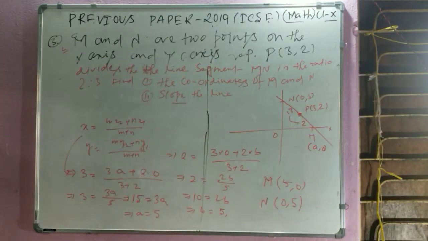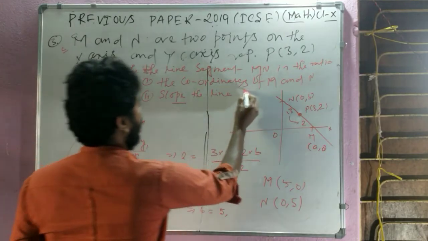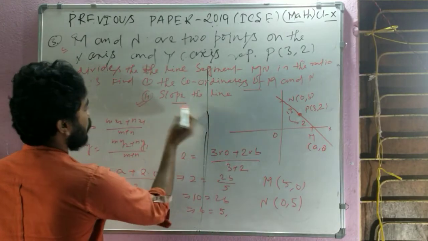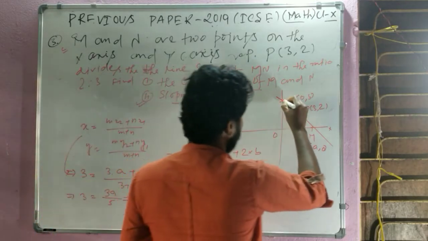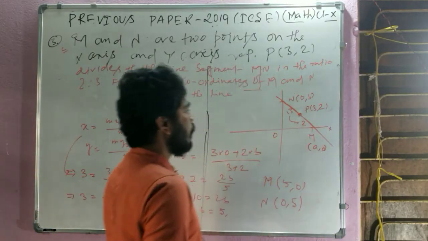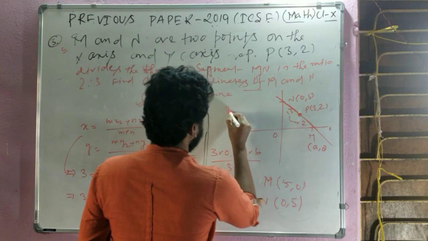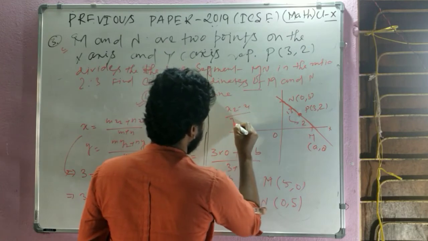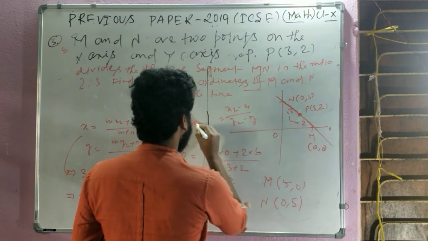Next, question number 2, slope of the line. We know the slope of the line given two points formula is y2 minus y1 by x2 minus x1.